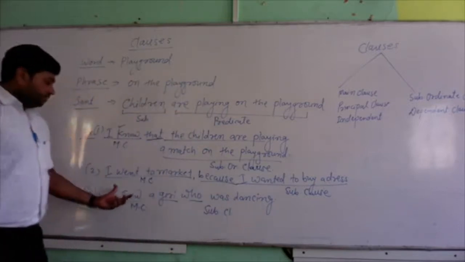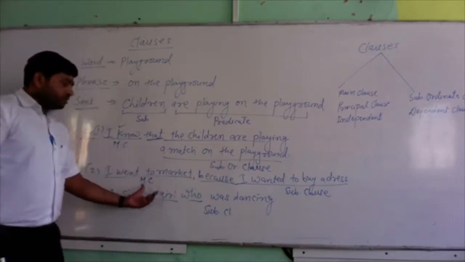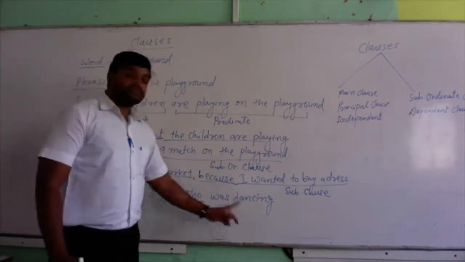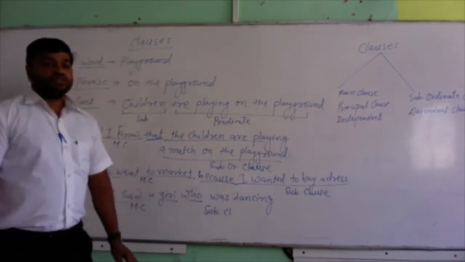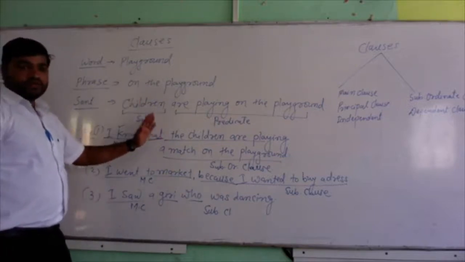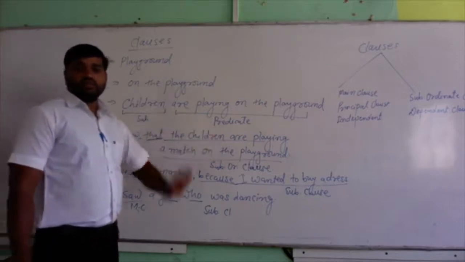Okay. So now it's complete. I saw a girl who was dancing. So I saw a girl is the main clause of the sentence, and who was dancing is the subordinate clause. So dear student, I hope you understood which part of a complex sentence is the main clause and which part is the subordinate clause.